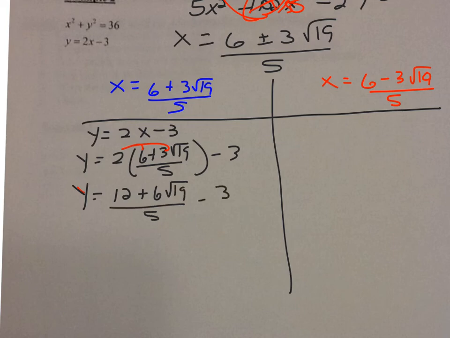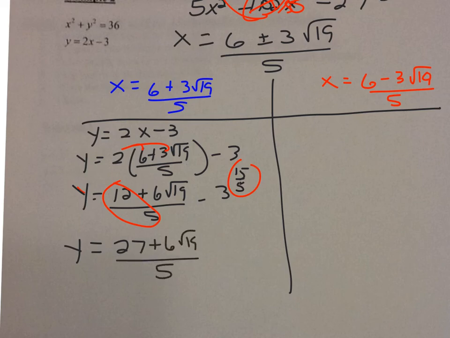Now you can get the same denominator, so 3 would be, remember, 15 over 5. Then you can combine the 12 fifths and the 15 fifths, which comes out to be y equals 27 plus 6 square root of 19 over 5.